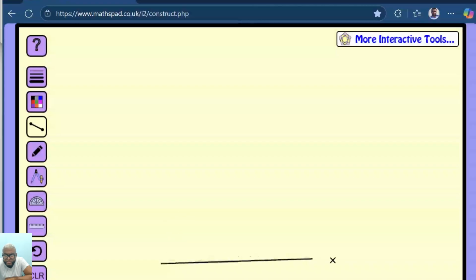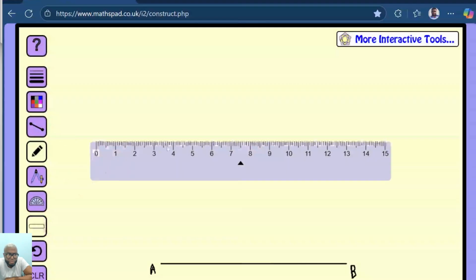We call this A and B. This is how we do our construction.